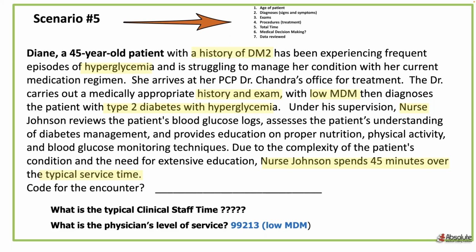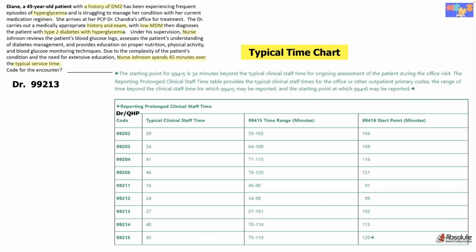We have to know that in order to calculate the prolonged time because they're telling us it's 45 minutes over it. And the only way we can figure it out is using the typical time chart, right? So, our doctor has low MDM and the nurse spent 45 minutes over the typical time.